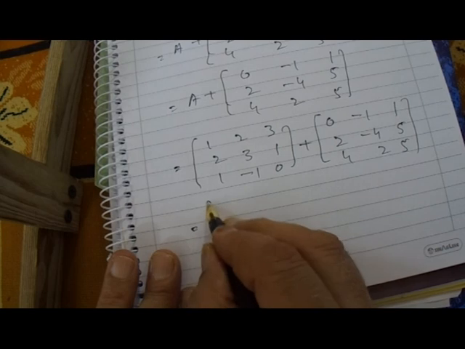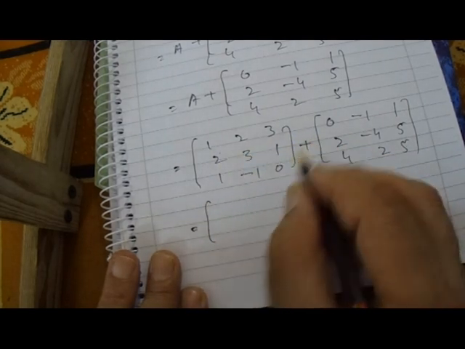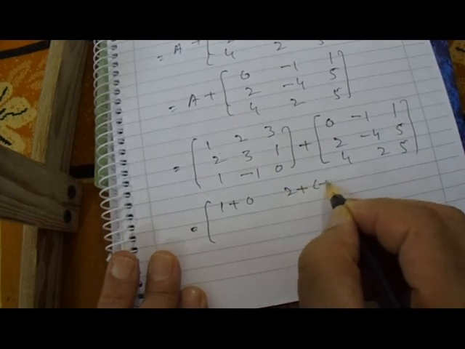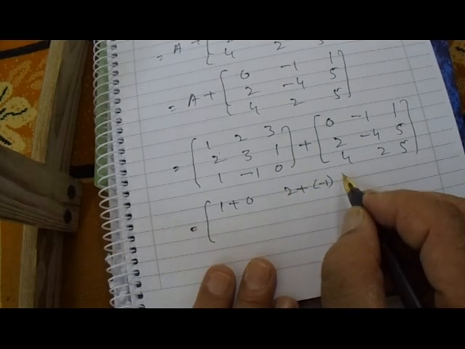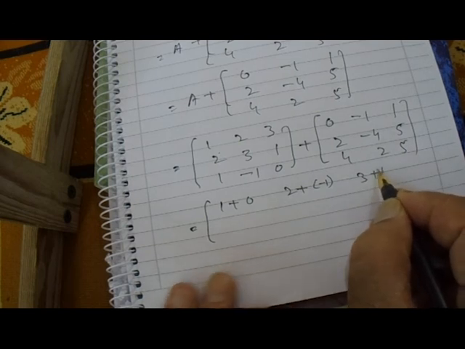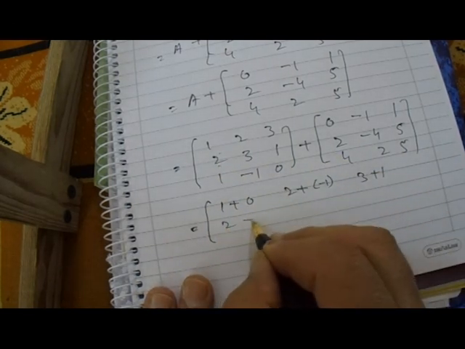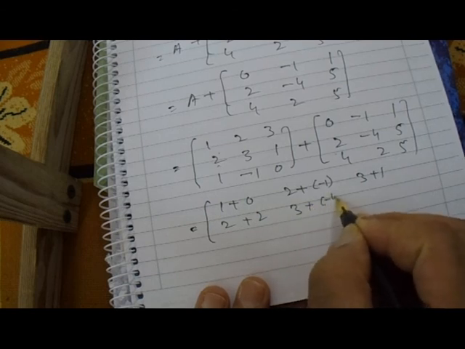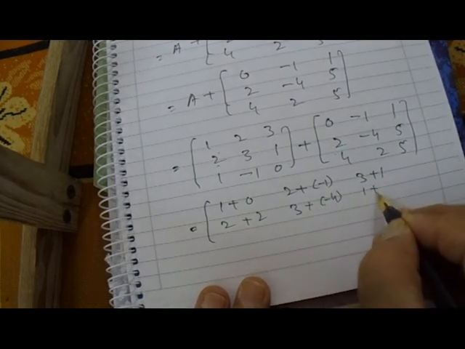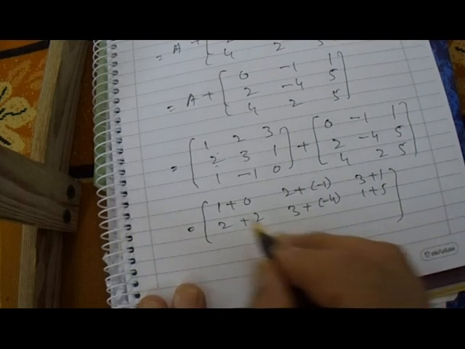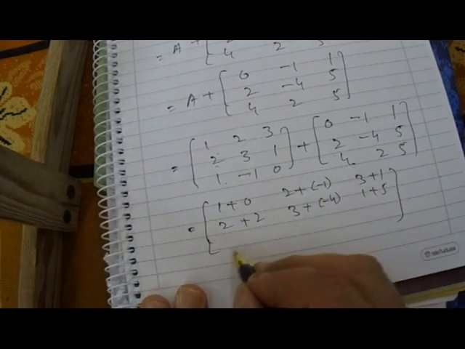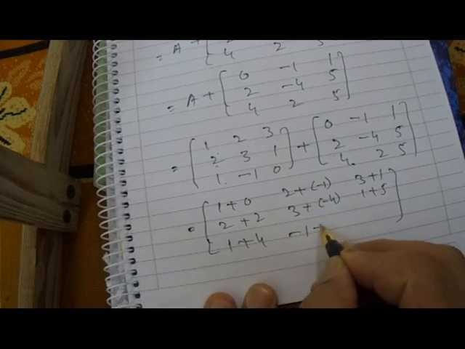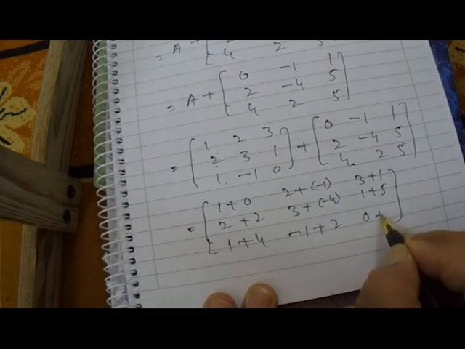This is equal to 1 plus 0, 2 plus minus 1, and 3 plus 1, and 2 plus 2, 3 plus 2, and 3 plus minus 4, and 1 plus 5. Again right here this 1 plus 4, 1 plus 4, minus 1 plus 2, and 0 plus 5.